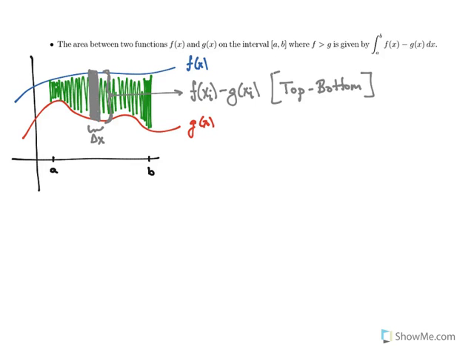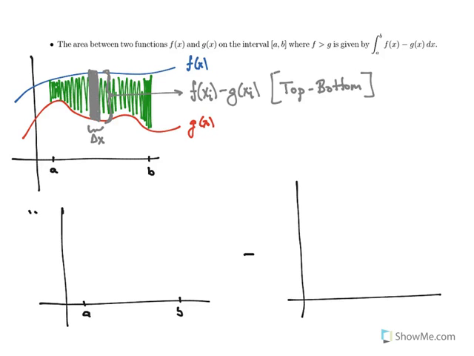Another way to think about this is that we can think about this area as looking at the area under f and subtracting the area under g. So f here, here's g.